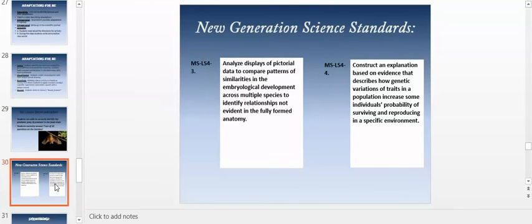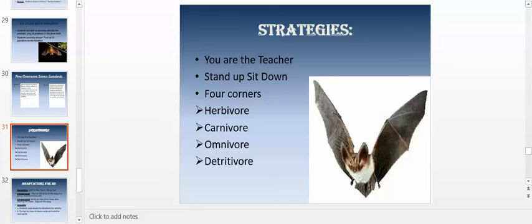The Next Generation Science Standards are MS-LS4-3, and I also have MS-LS4-4. The strategies that were implemented in this lesson were: you are the teacher, stand up and sit down; and 4 corners, where students had to identify animals as herbivore, carnivore, omnivore, or detritivore.